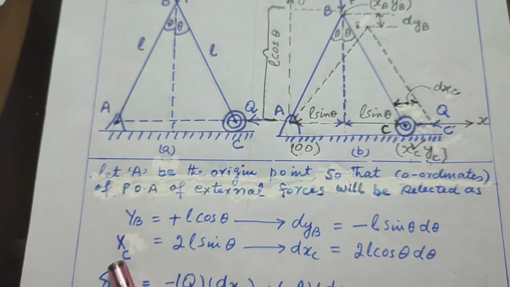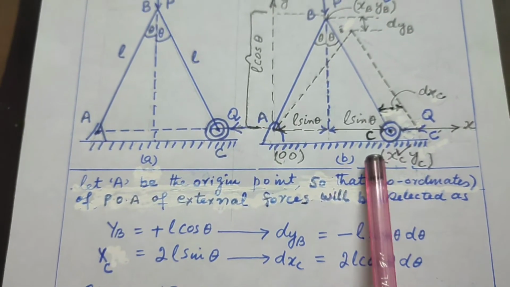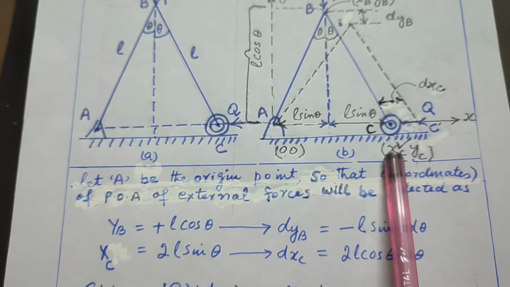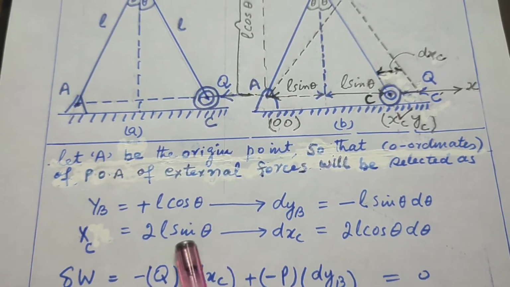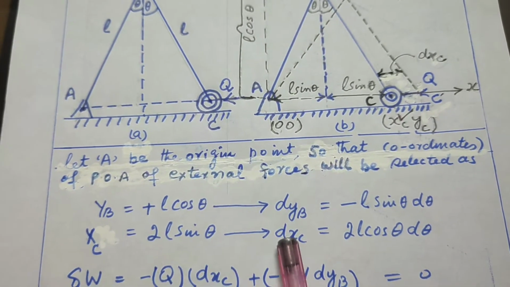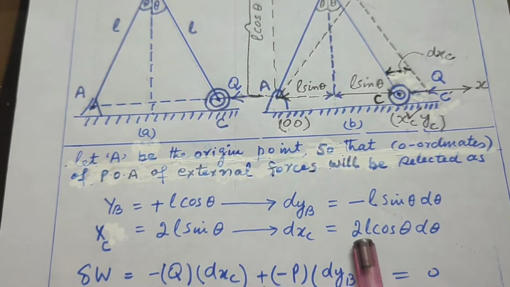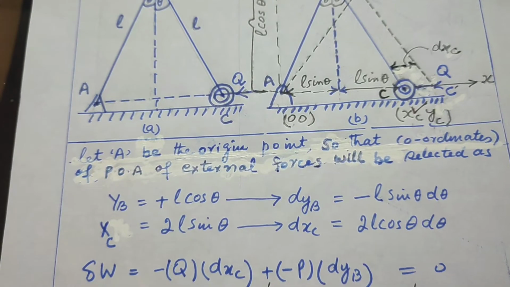And XC will be equal to 2L sin theta, and the differential of this will be equal to 2L cos theta d theta.